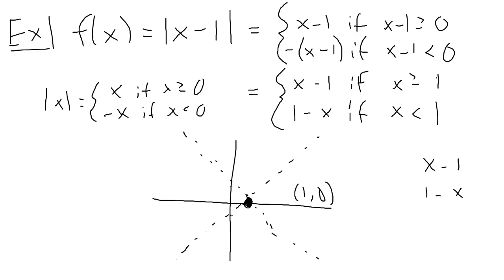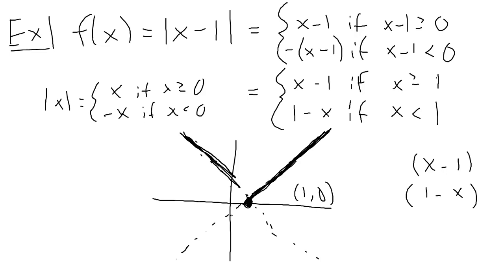So these are the two graphs of x minus 1 and 1 minus x for the whole real number domain, but we only want x minus 1, which is the positive sloped line, for x bigger than or equal to 1. So this is what we want. For x bigger than or equal to 1, we want that line. And then the negative sloped line is for all the x's less than 1.